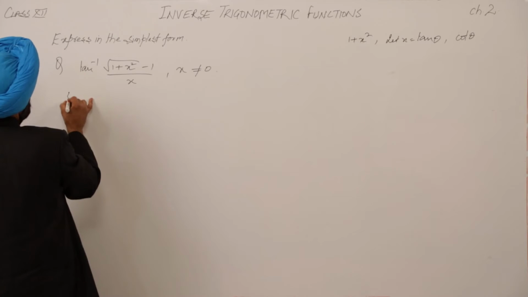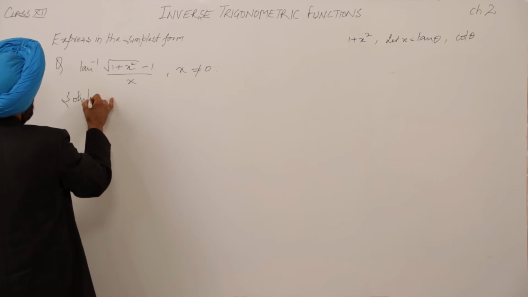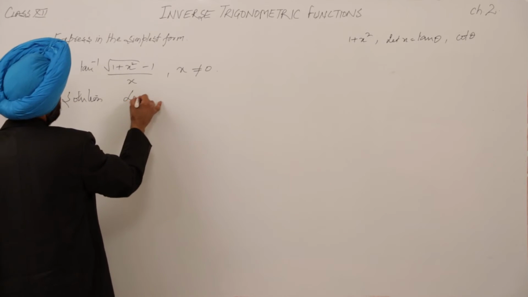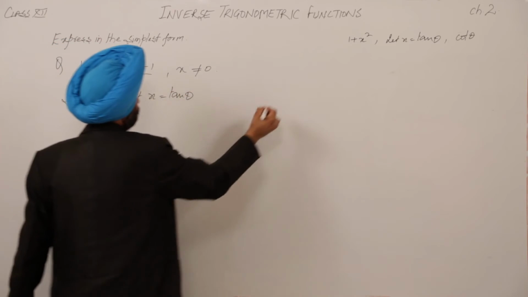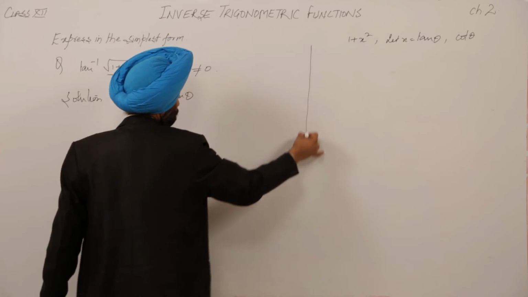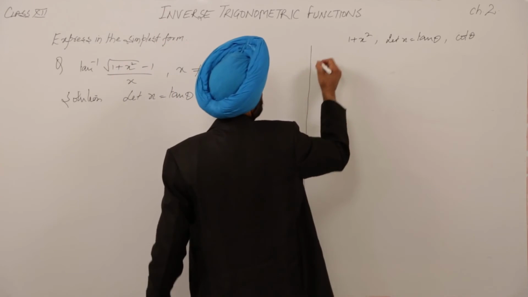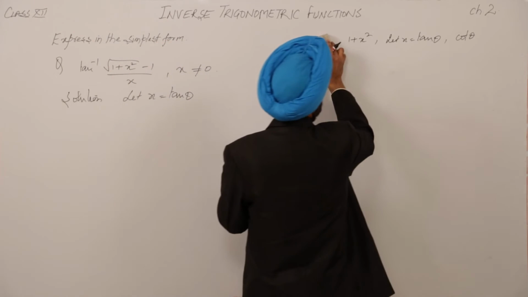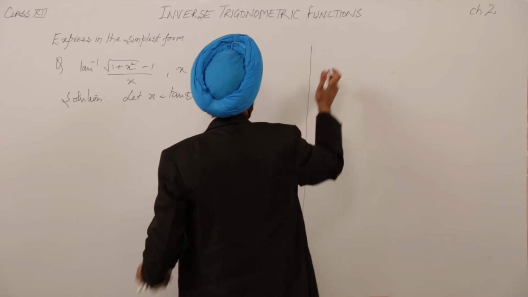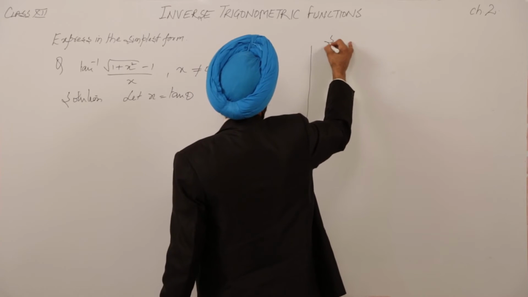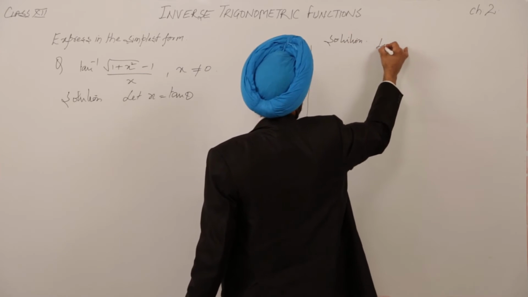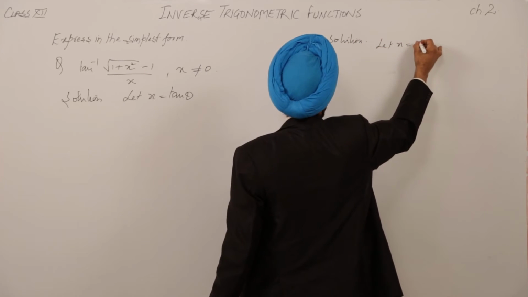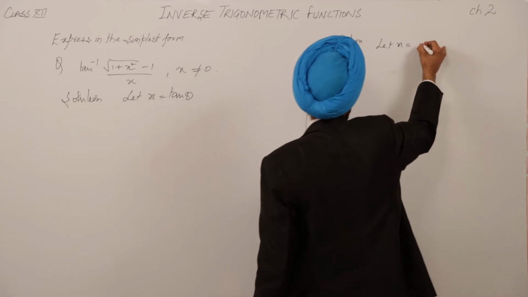Now I am solving it starting from here. Question, solution, let x is equal to tan theta, and here I am writing, let x is equal to cot theta.